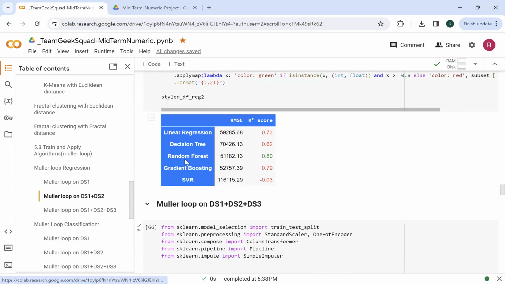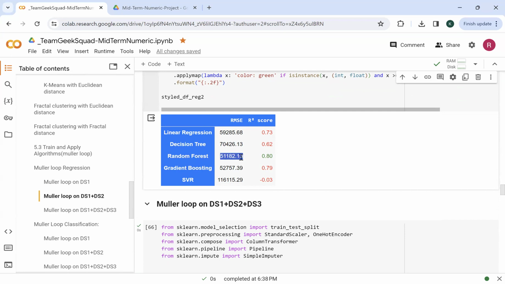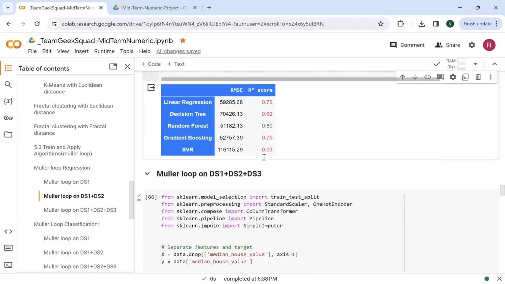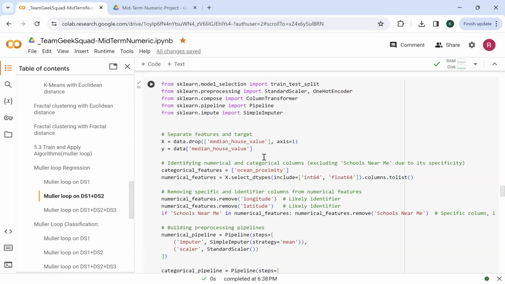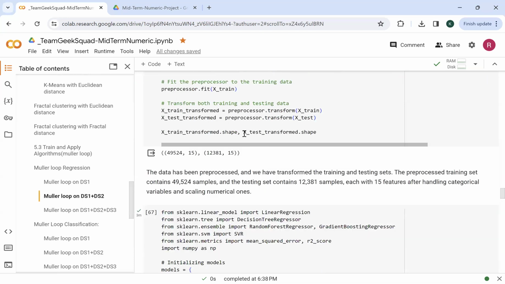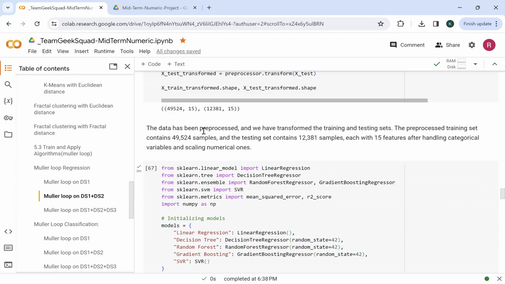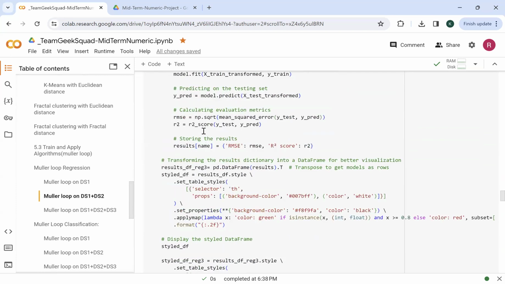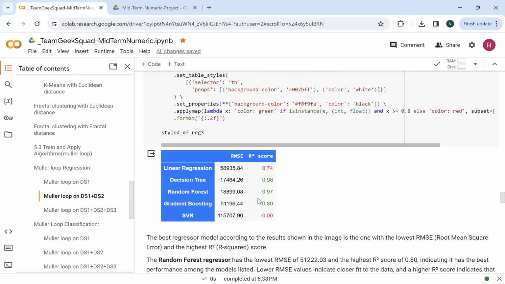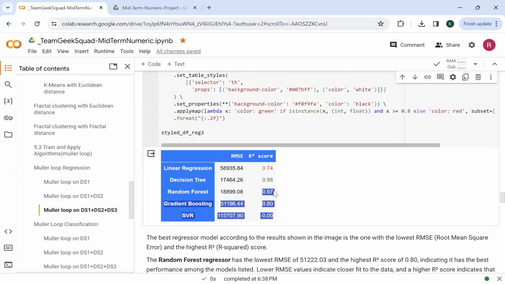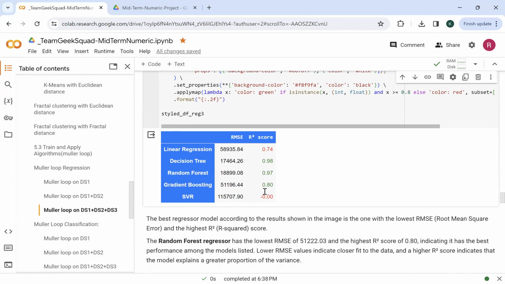For datasets 1 and 2, it's the same thing. Again, random forest gave us the best values with fewer errors. And when performed on the amalgamated dataset containing three datasets, we found the same thing: the R2 score is highest for random forest, indicating that this is the best one.